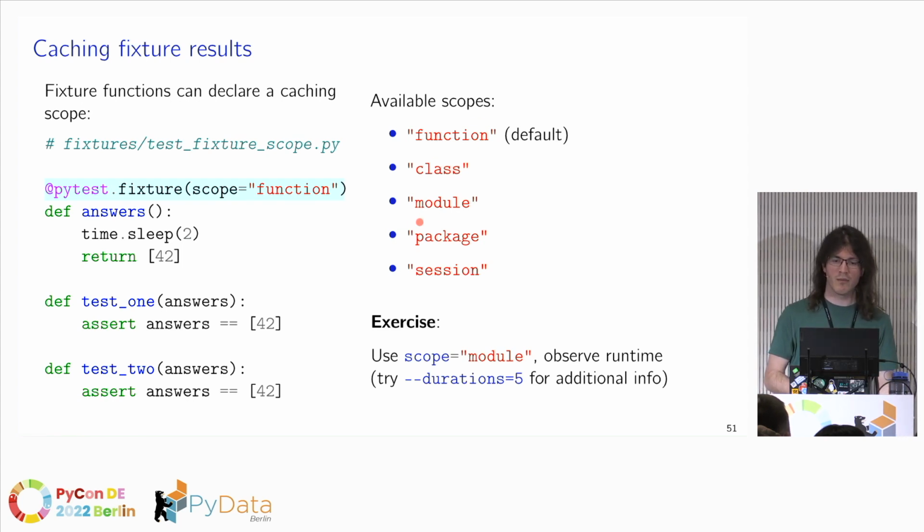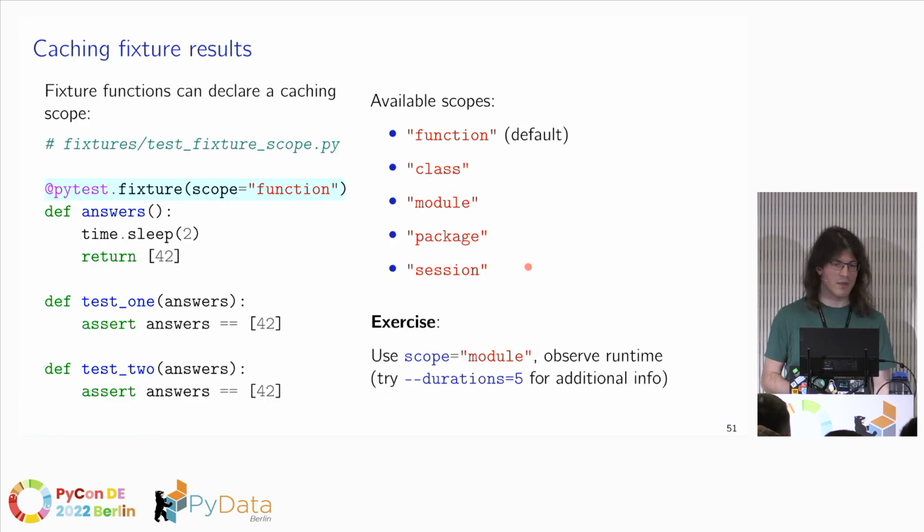Module, so everything in the same file. Then package, which is kind of a special case for projects using monorepos and using kind of different subfolders to test different parts. Personally, I've never used it. And session, which means share the value for the entire test session for all tests.